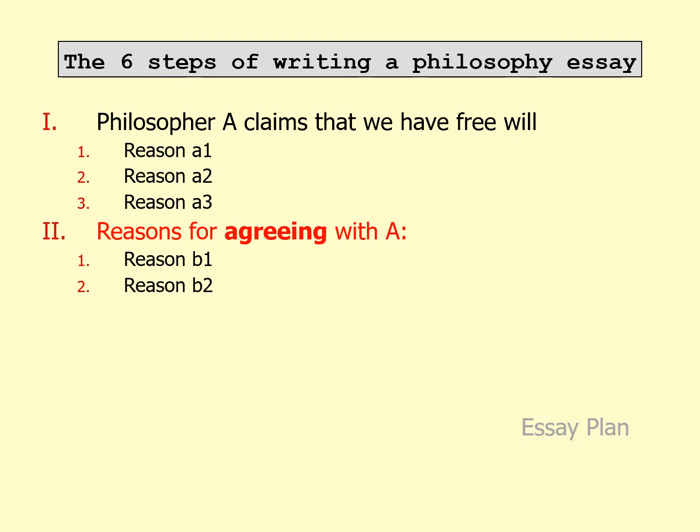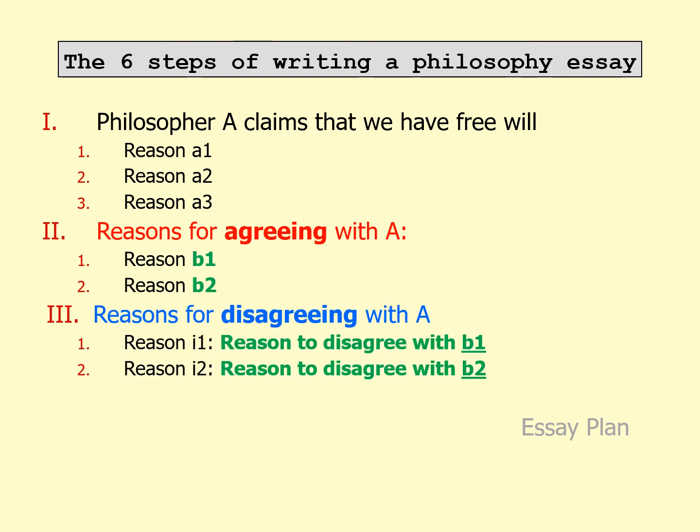In this case, since your position is that you disagree, the opposite of your position is to agree. You begin with that. Then, by showing why the reasons for agreeing are not good enough, you conclude with a disagreement.